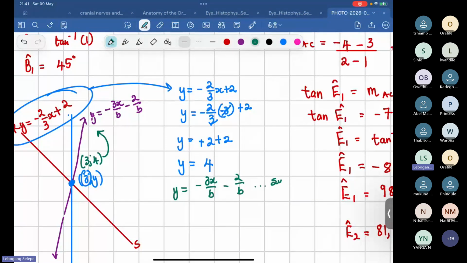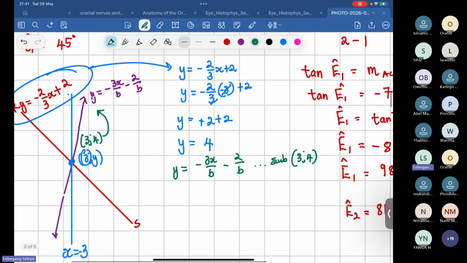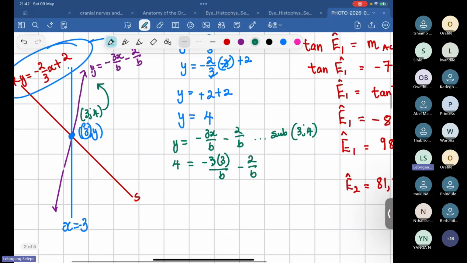Now we substitute the point (-3, 4) because it's also a point on that line, which means that it's also governed by the same equation. The y value is 4, which is equal to negative 3 into the x value, which is negative 3, over b minus 2 over b.